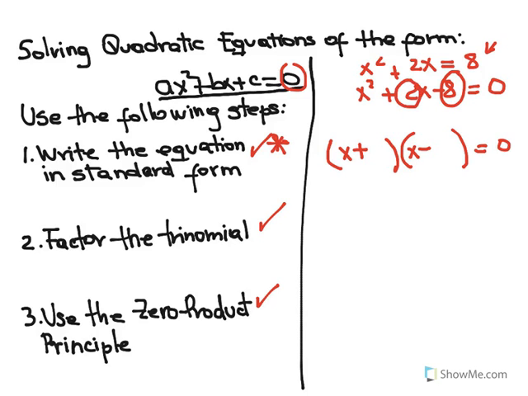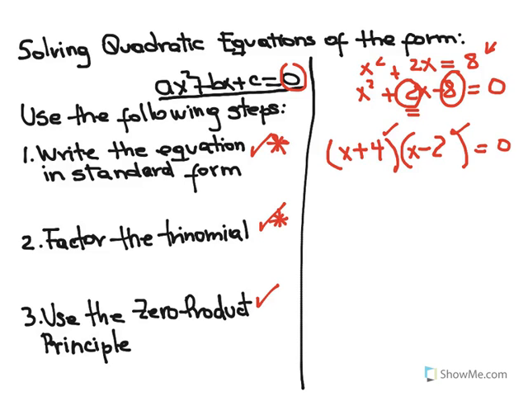Now, 8 can be factored into 8 and 1, and 4 and 2, correct? So if I want numbers with different signs that give me positive 2, maybe I can get positive 4 and negative 2. Let's try. Positive 4 and negative 2: 4 minus 2 gives me 2, and 4 times negative 2 gives me negative 8. So I think I get it, right? So I have factored the trinomial.